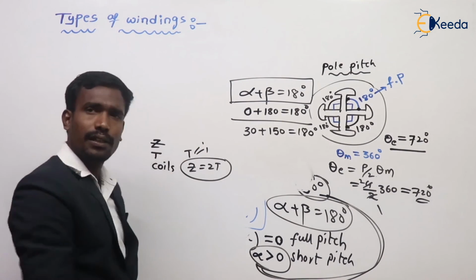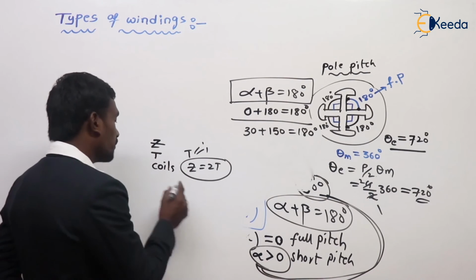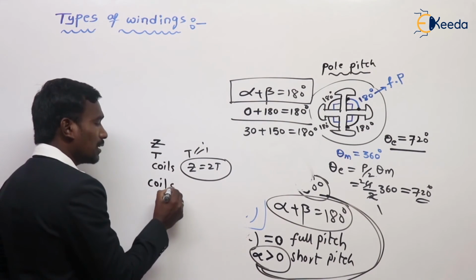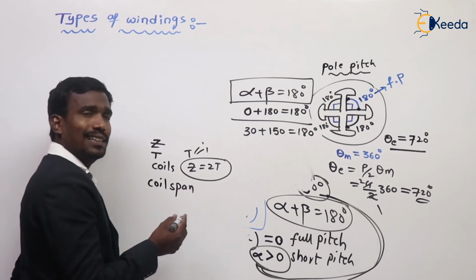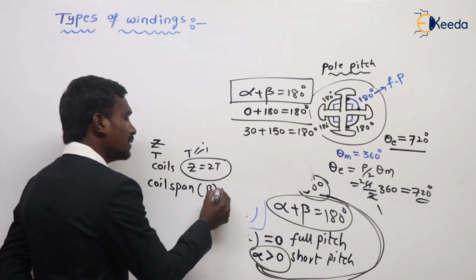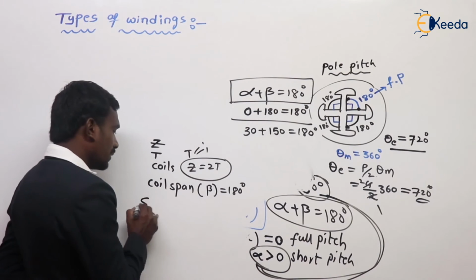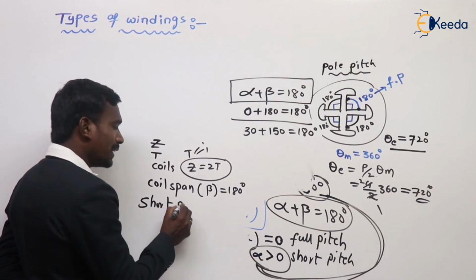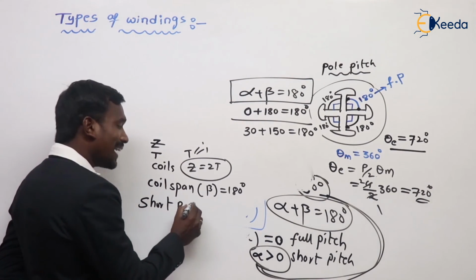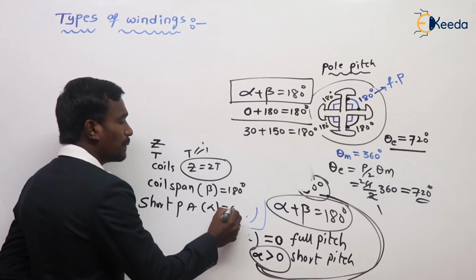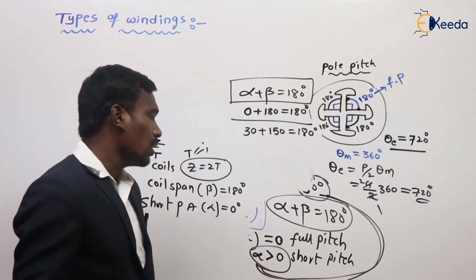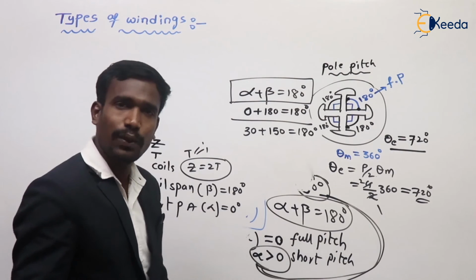Don't get confused here. And then we read about coil span. Coil span is equal to 180 degrees for full pitch winding. Next, short pitch angle alpha is equal to 0 for full pitch winding.